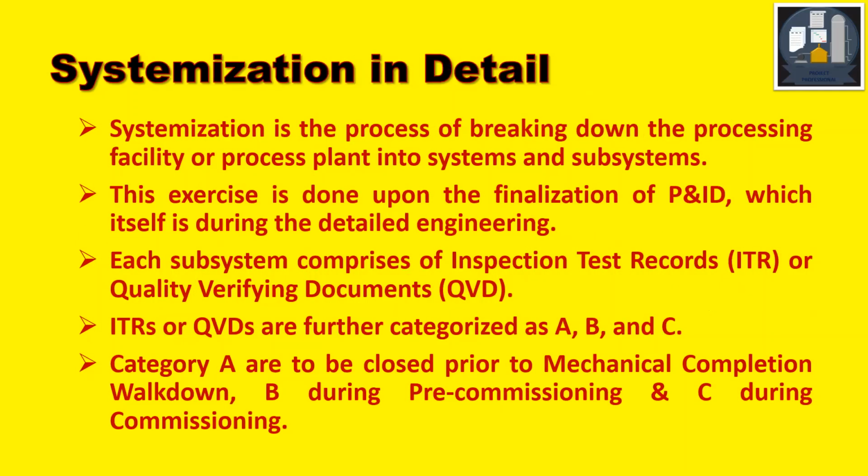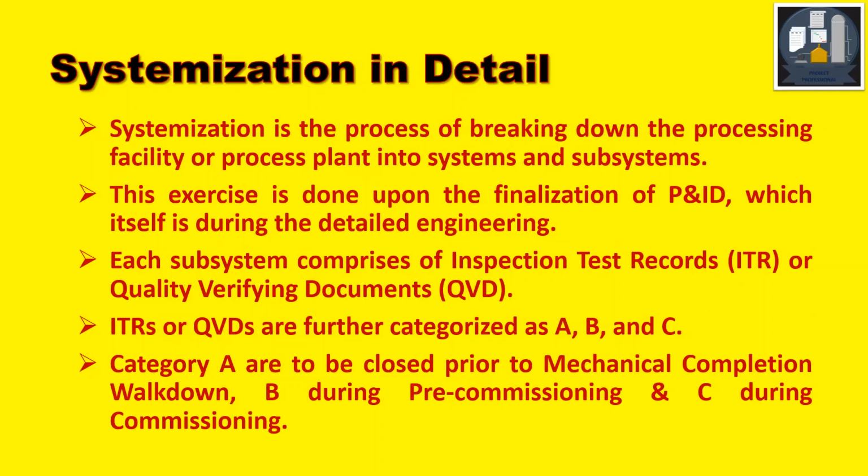Then a little bit into the detail. Systemization is the process of breaking down the processing facility or process plant into systems and subsystems. This exercise is done upon the finalization of P&ID, which itself is during the detailed engineering.